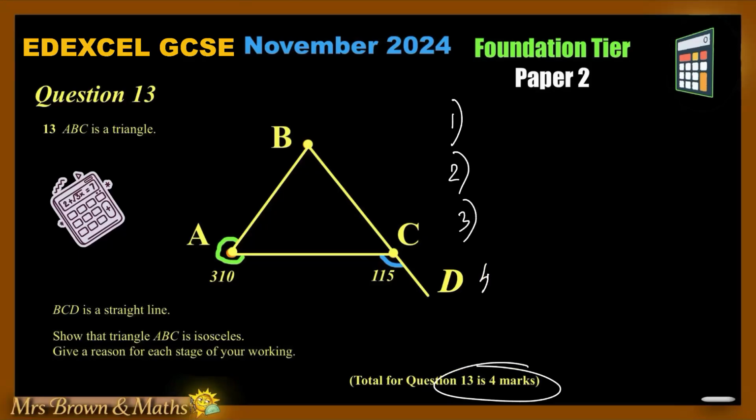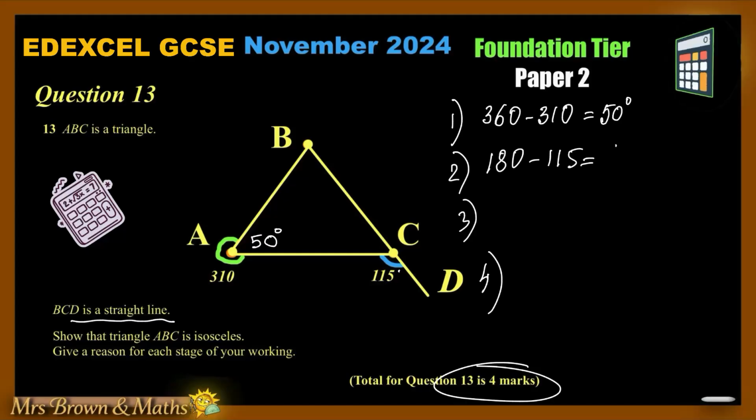Question 13. Angles around a point add to 360. 360 take away 310 is 50. Angles on a straight line add to 180. 180 take away 115 is 65. Angles in a triangle add to 180 degrees.